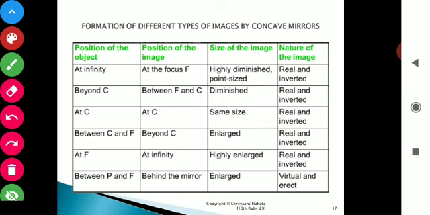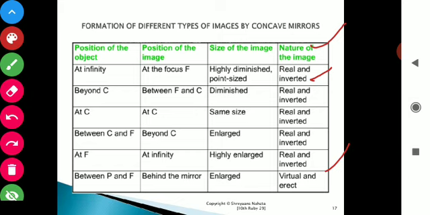Similarly, we have the nature of the images. We have 2 types of images, real and virtual. So always remember, real means the image which can be formed on the screen, and the image which cannot be formed on a screen is known as a virtual image.